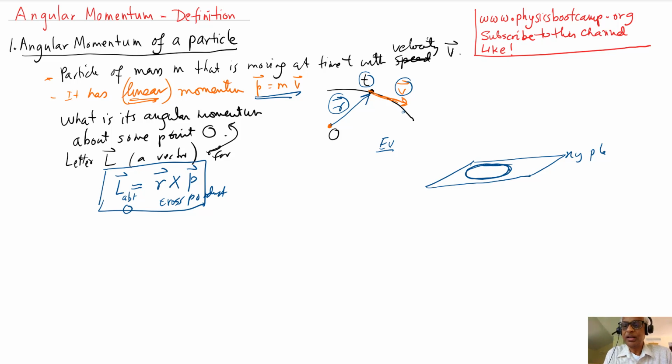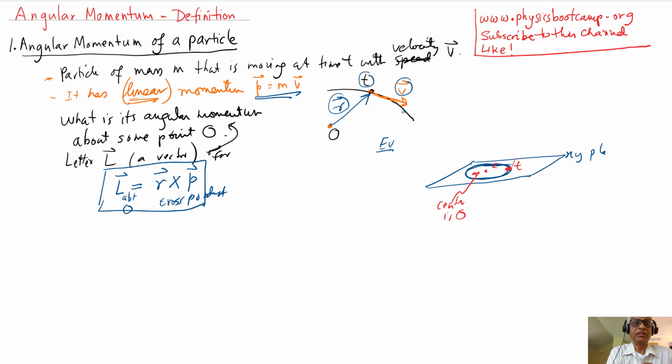So it's at this point at time t, and maybe O is at the center. That point, the center, is O. I want to know what this will be, and the velocity is going in a circle, so tangent to the circle will be this direction.